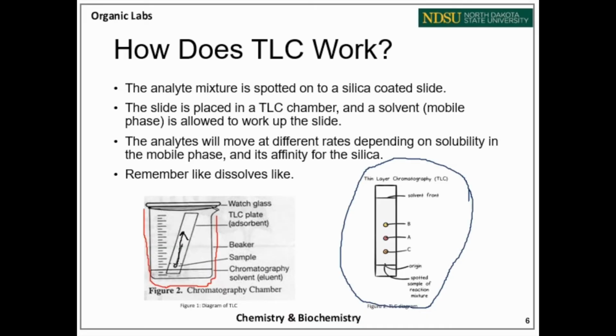These analytes will move at different rates depending on the solubility in the mobile phase and its affinity for the silica. The more polar molecules have a high affinity for silica, which is a polar molecule, and will move slower than the nonpolar molecules that have less of an affinity for the silica and will therefore move at a faster rate.